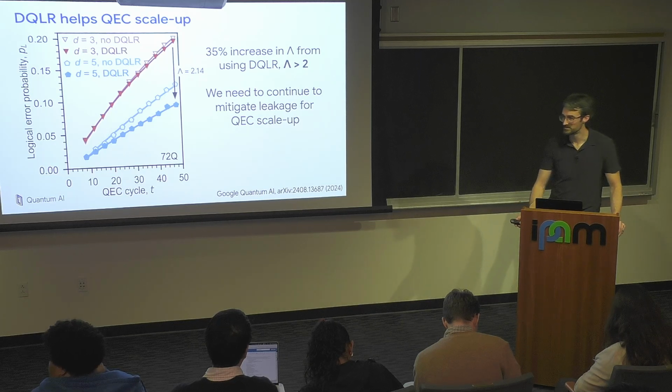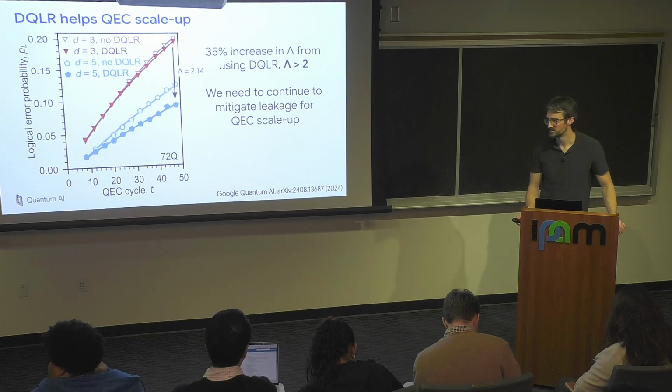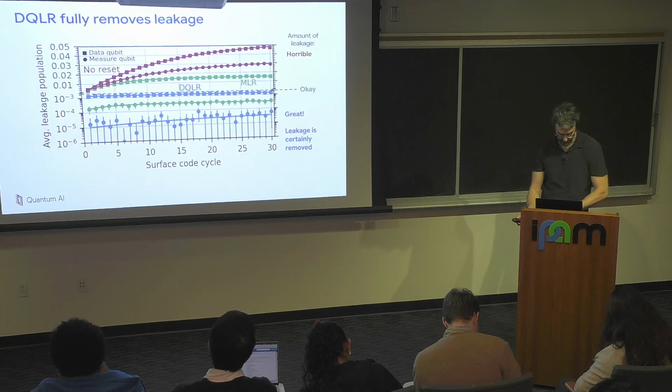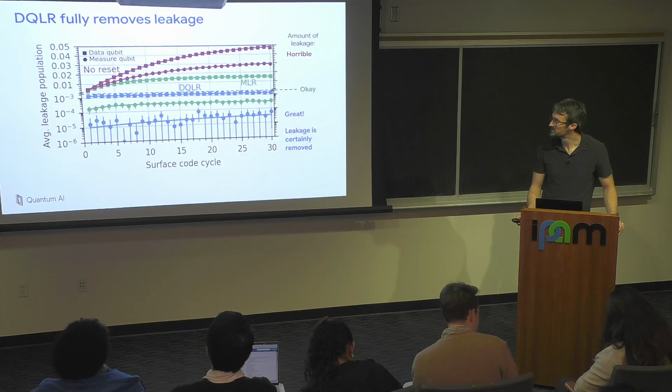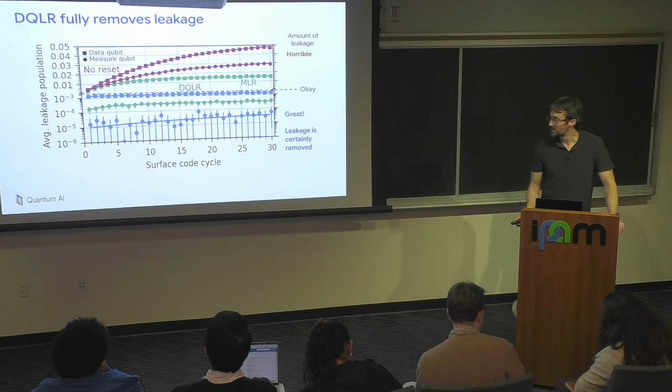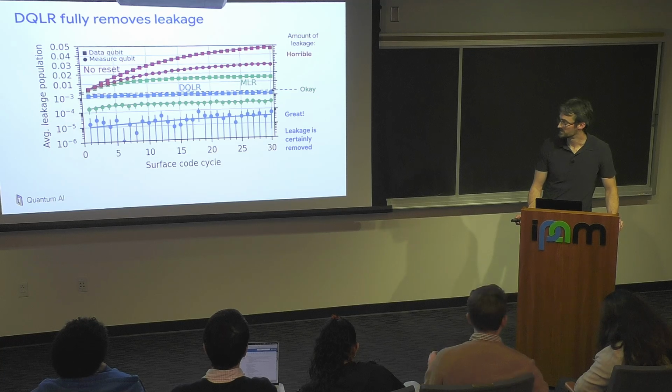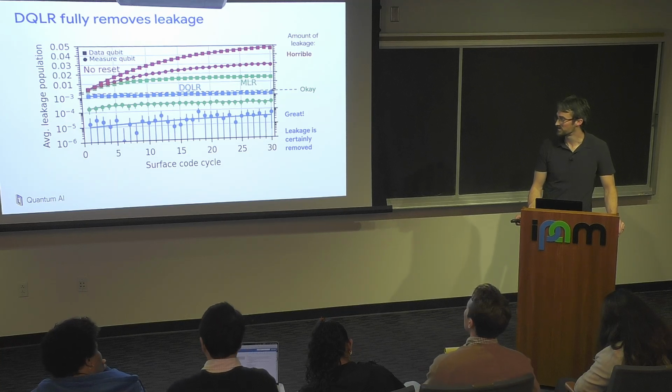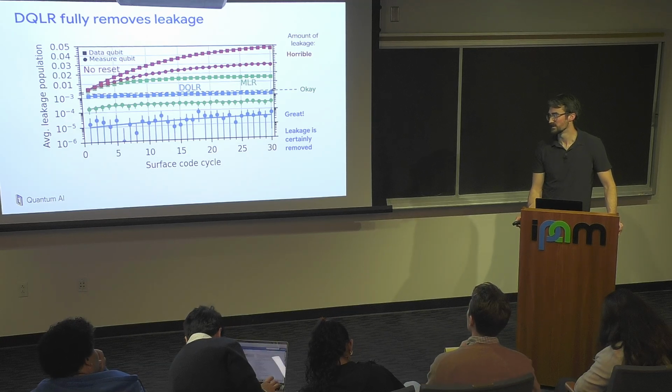Yes? So it seems like your leakage population kind of saturates, at least for your measured qubits, at like 10 to the minus 4. Yeah, it's maybe a little lower than that, but yeah. So is it that your reset operation just can't prepare a state with less than that overlap with the 2 state, or is there a different reason why it's... It's a good question. I think that it's a combination of effects.